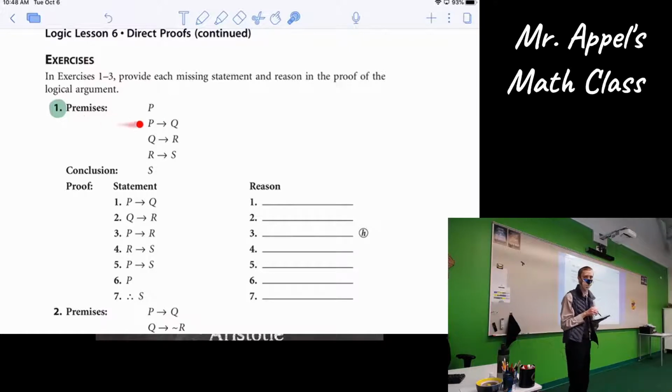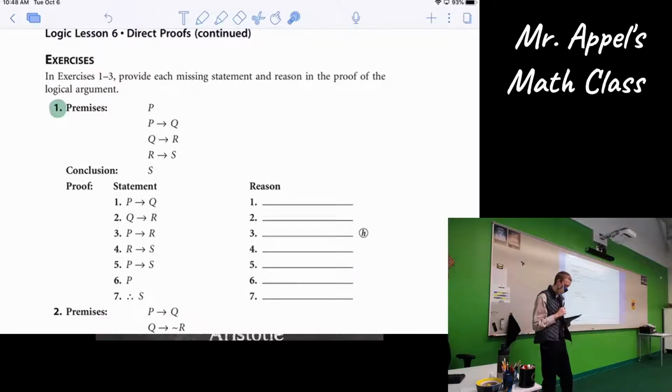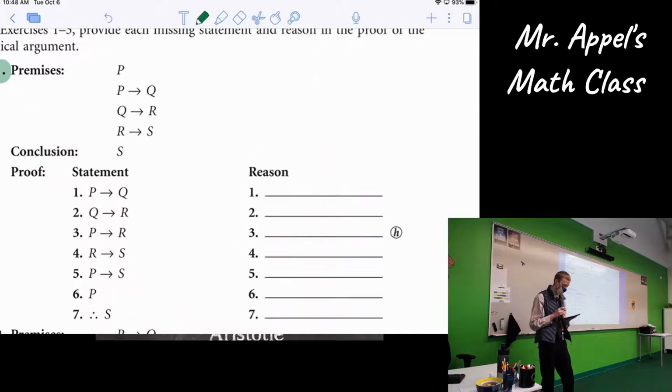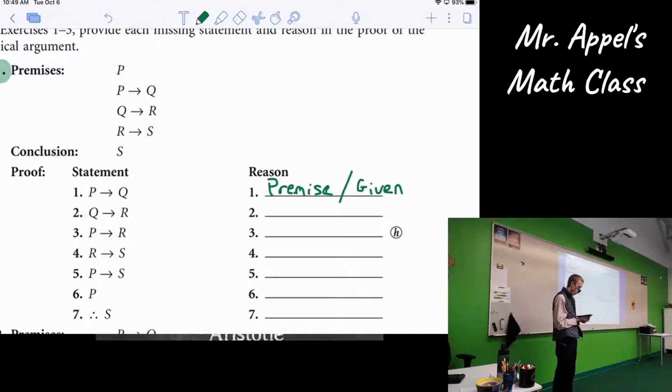They are the premises. They're the given information. So, if P then Q, is that on our premise list? Yes, it is. So all we have to do for the reason is write premise. Or you might see given. Okay? That's given information. That was told to us.